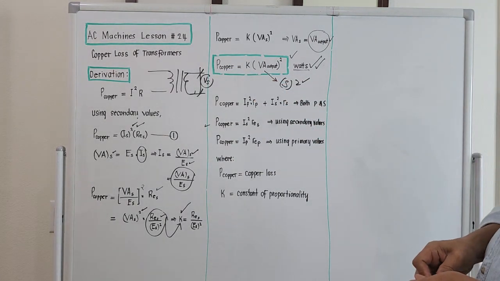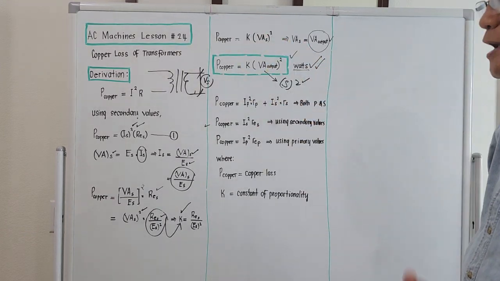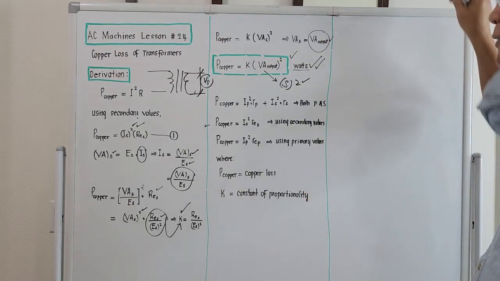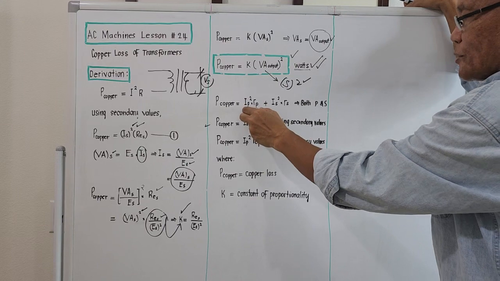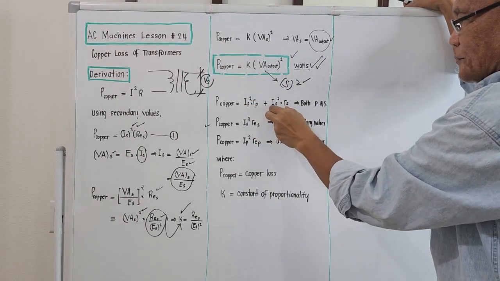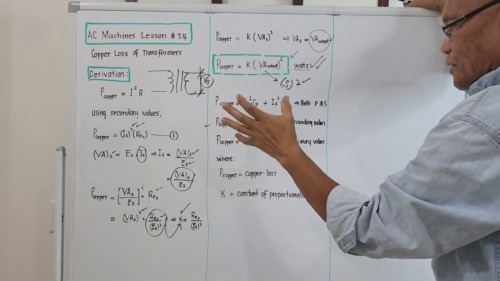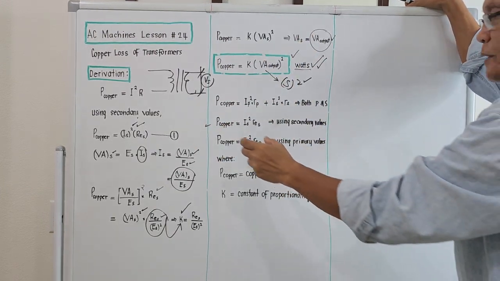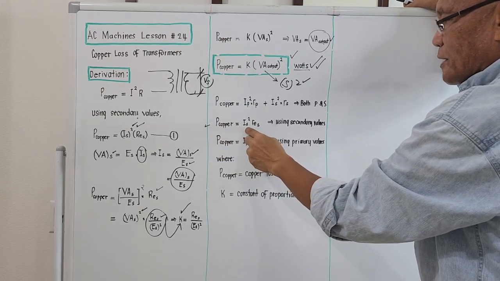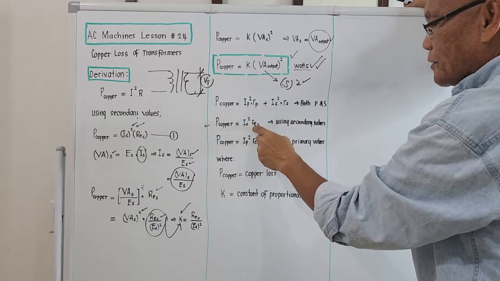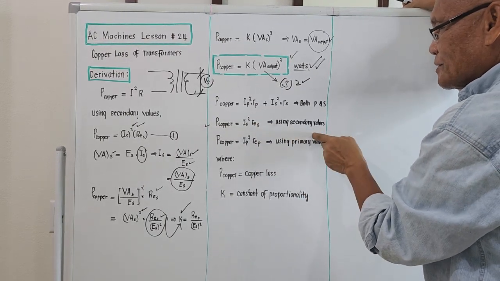So what's the importance of this formula here? This is actually the fourth formula on how to compute for the copper loss of a transformer, because we are given three formulas. The first formula: the copper loss of the primary plus the copper loss of the secondary is the total copper loss. By using equivalent values, copper loss is also the square of the current of the secondary times the equivalent resistance referred to secondary, if we are using secondary values.